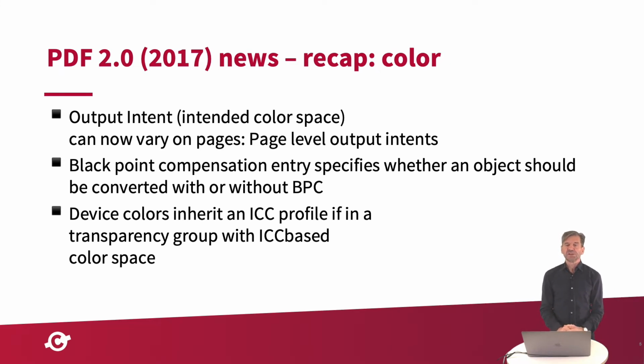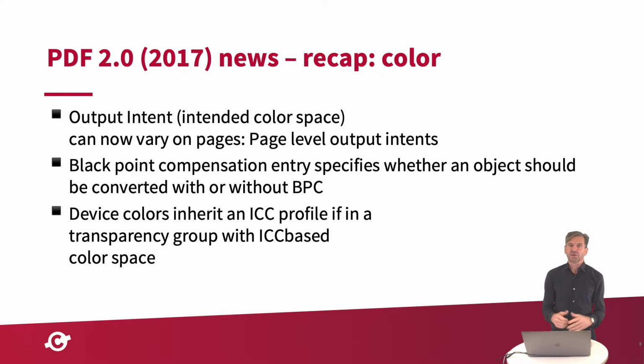Up until pdfToolbox, up until PDF X-6, it's only possible to have one output intent per PDF file for the whole document. However, if you think of something that has a cover and a body, or so two cover pages and a block in the middle, in between, frequently they are produced differently.